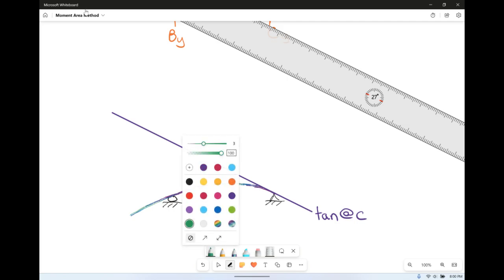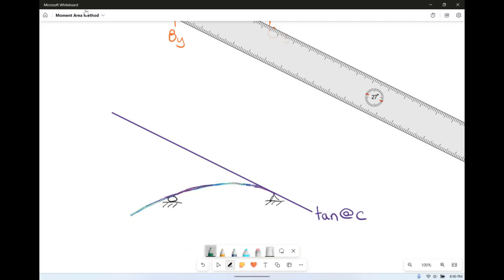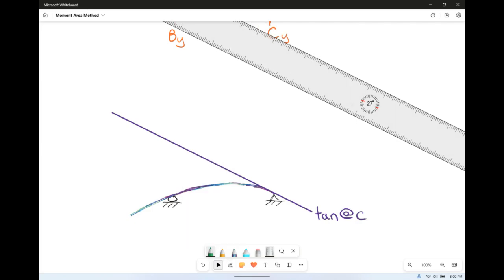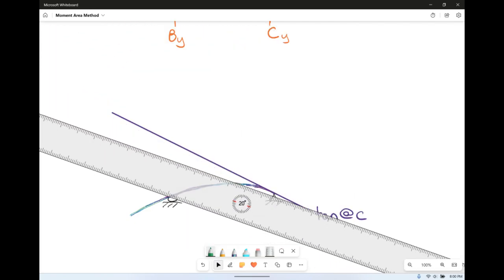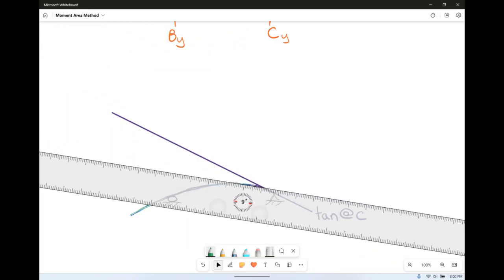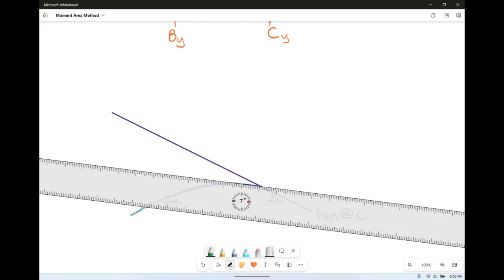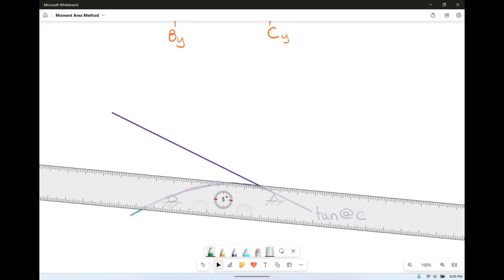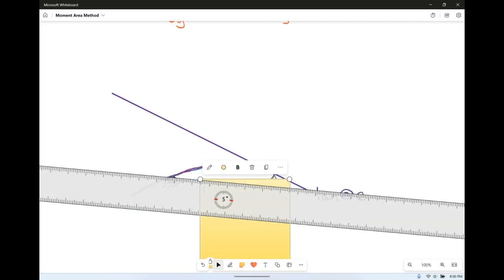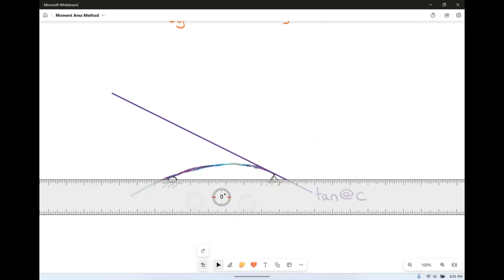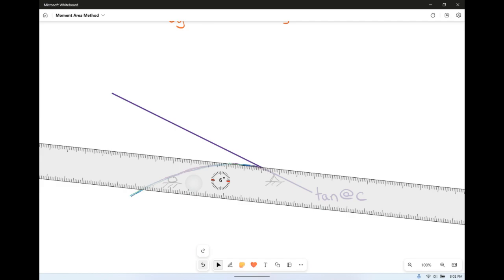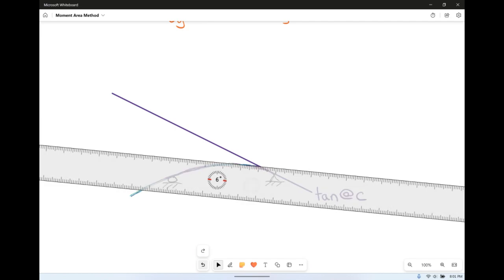Then we also need, at point D, who is roughly in the middle here, the tangent at D. He's about right here.